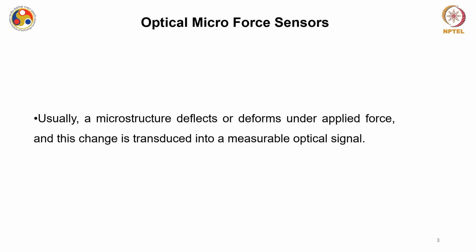So, a microstructure either has a displacement or deformation when there is an applied force, and this change is actually transduced into a measurable optical signal. This optical signal is, as I have just mentioned, in the form of either modulation of the intensity or modulation of the phase or polarization, or sometimes modulation of the wavelength.